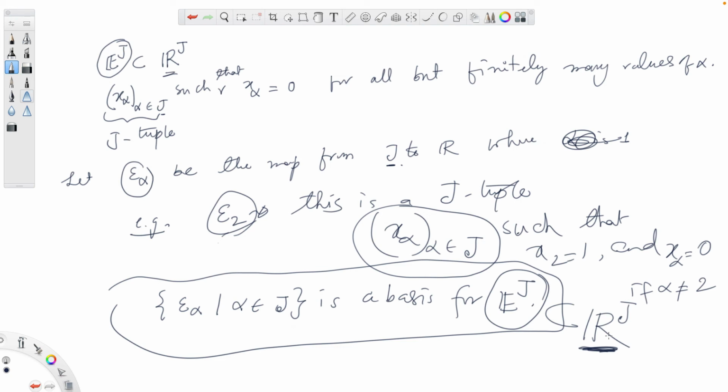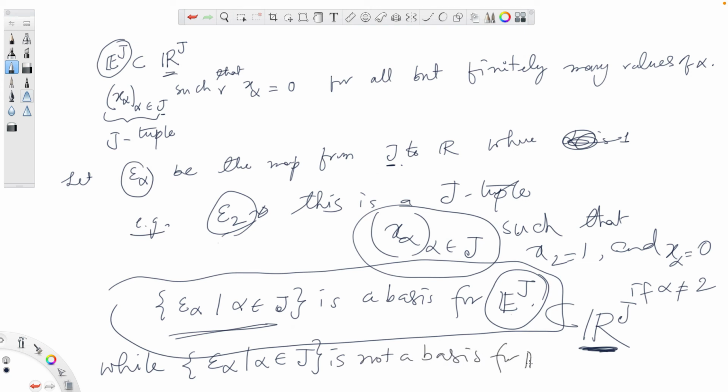You also have to check that epsilon sub alpha is not a basis for R raised to J.